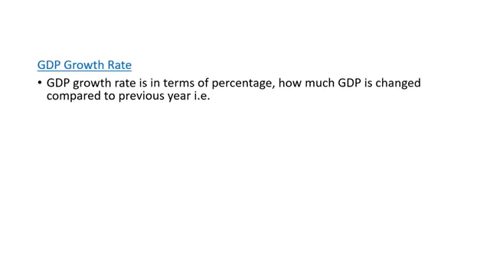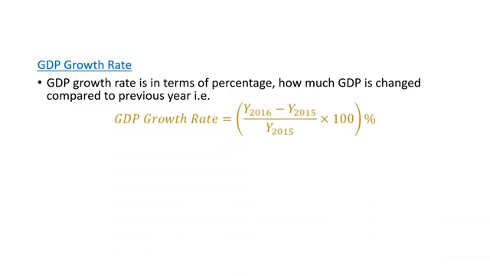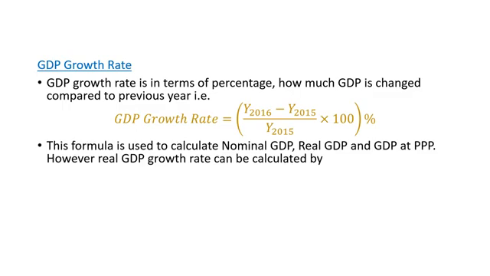Next is the GDP growth rate. GDP growth rate in terms of percentage measures how much GDP has changed compared to the previous year. The formula for GDP growth rate is as shown. This formula is used to calculate nominal GDP growth rate, real GDP growth rate, or GDP growth rate when GDP is measured at purchasing power parity.